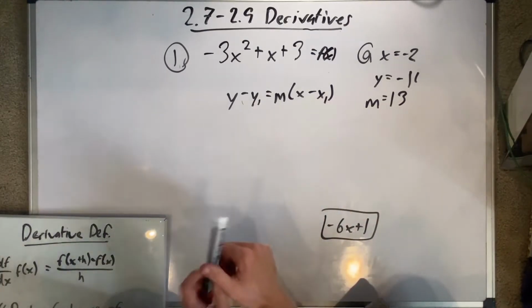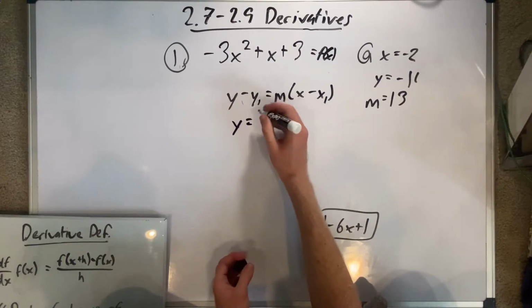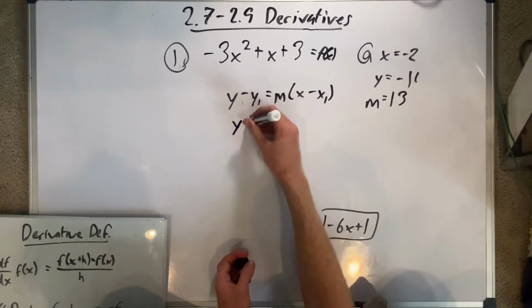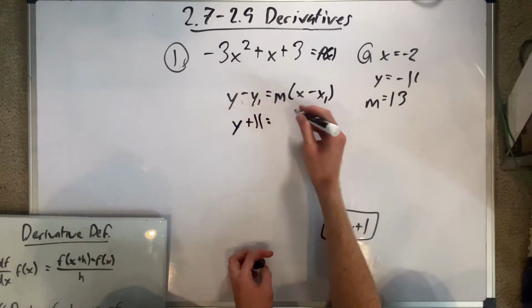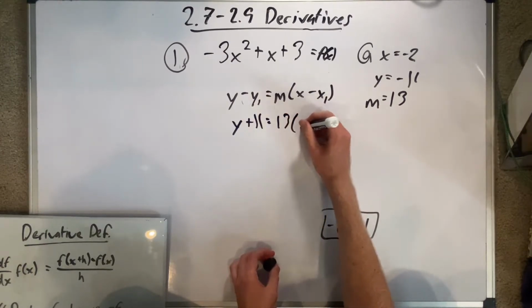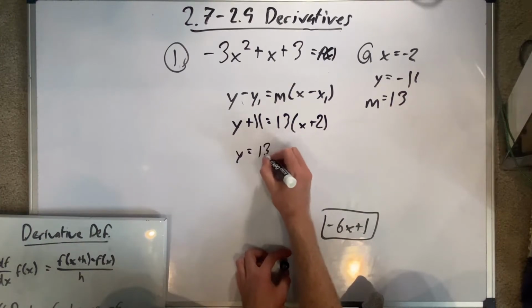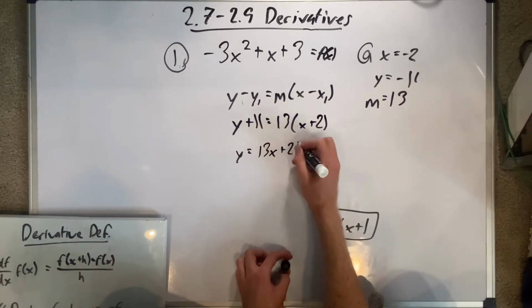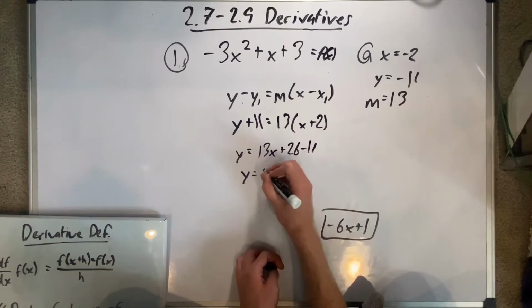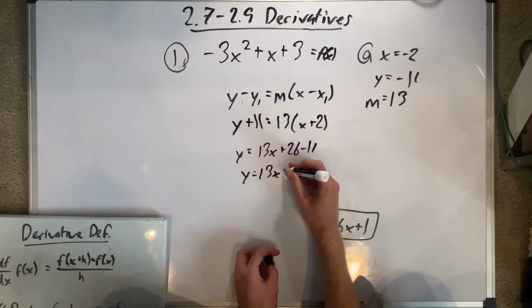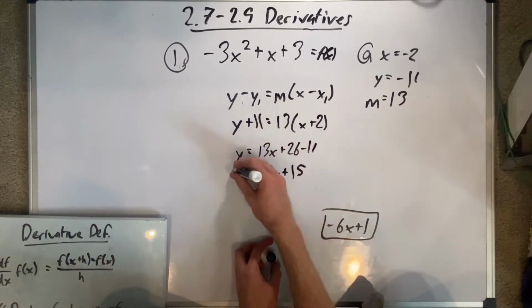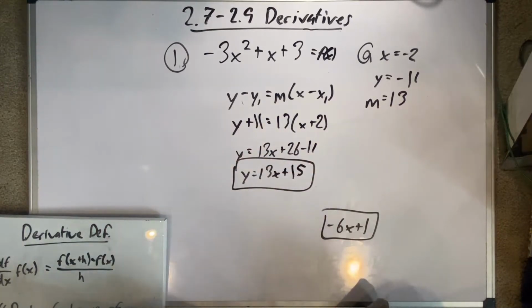So now we just plug it into point slope form. y plus 11 is equal to 13 times x plus 2. Simplify things around. y is equal to 13x plus 26 minus 11. y is equal to 13x plus 15. That is the answer to the tangent line of this one.